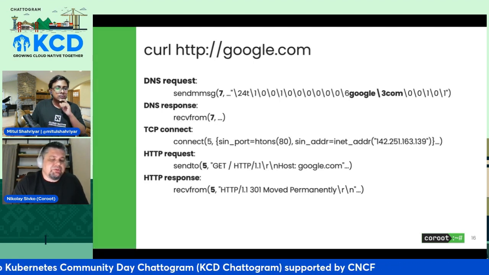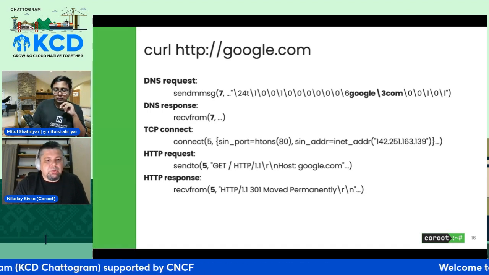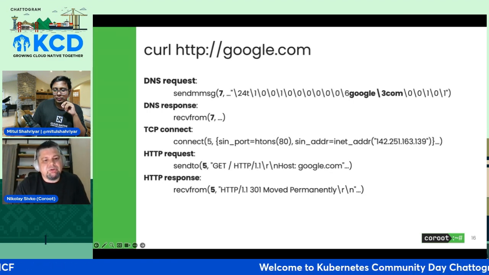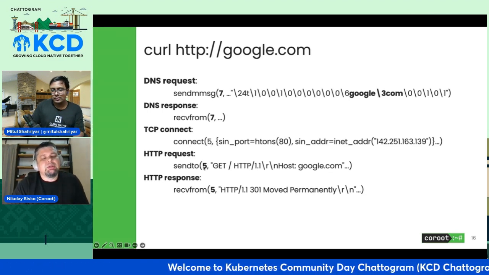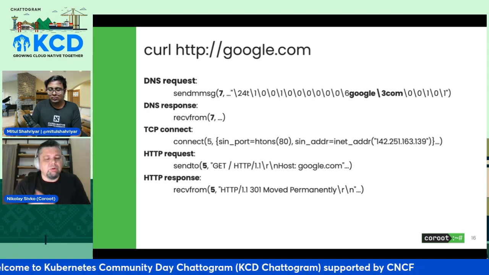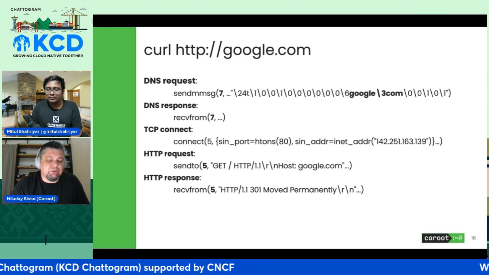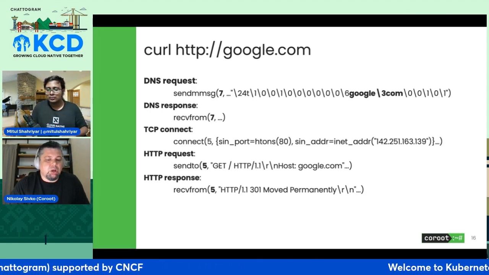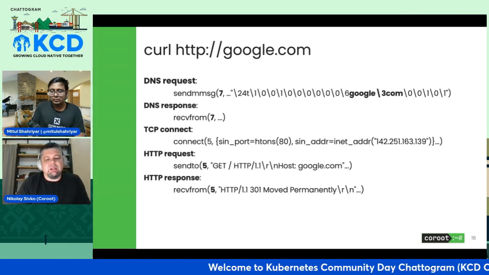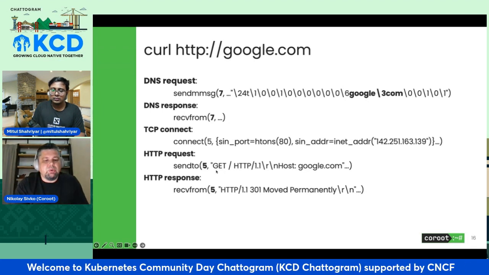Then we will see a TCP connection event, and next we will send some data to file descriptor 5, which is a TCP socket to google.com, one of their endpoints, and then we will see a response. So in this case, using some markers, we can easily understand that an HTTP communication happens here.